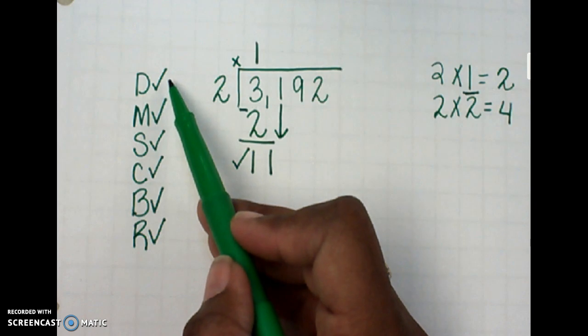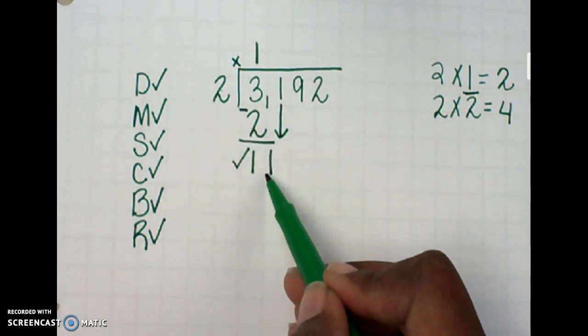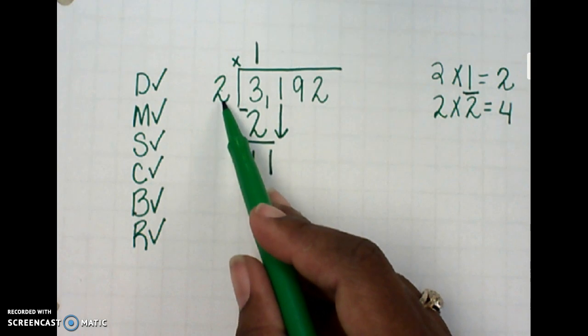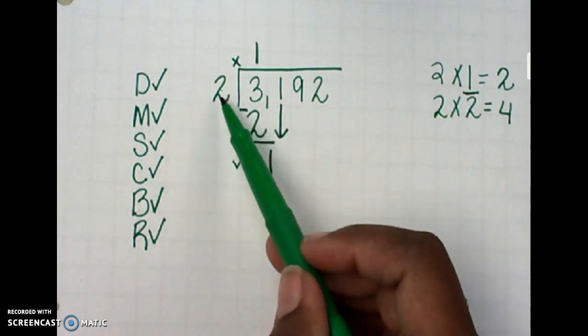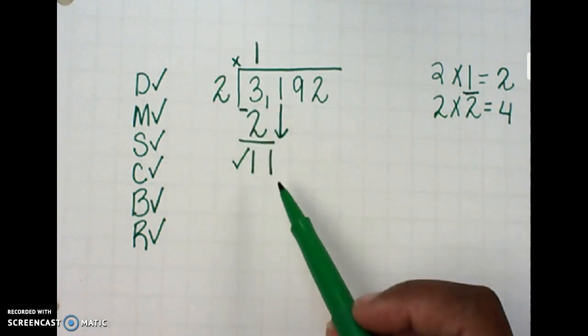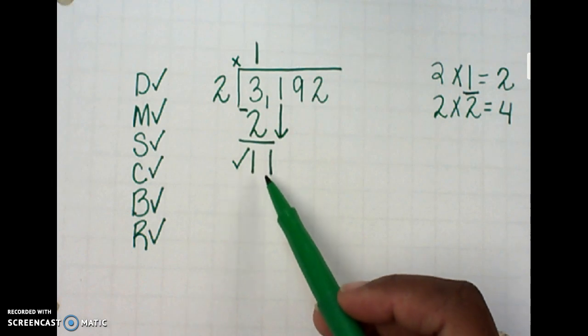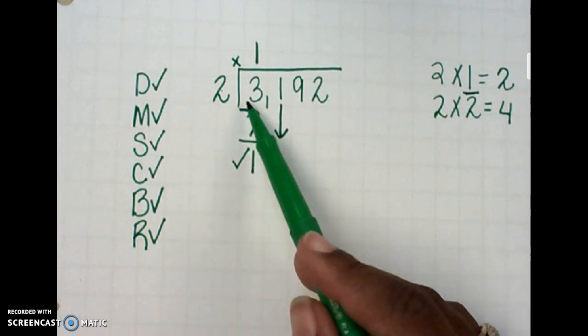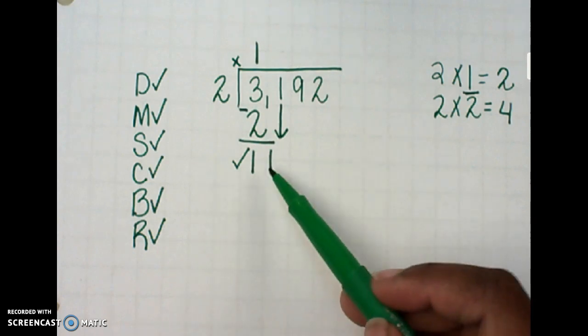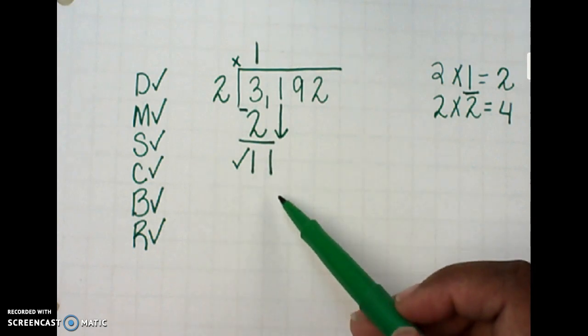So I am dividing 11 divided by 2, or I'm thinking, how many groups of 2 can I pull out of 11? So I'm going to multiply by 2 until I get to 11 or I pass it.